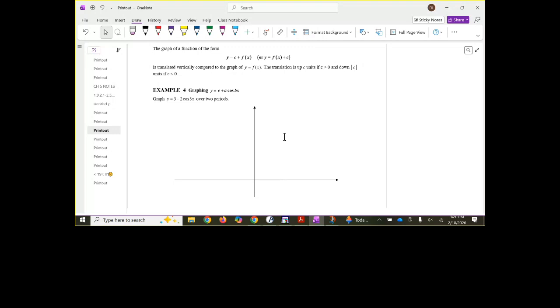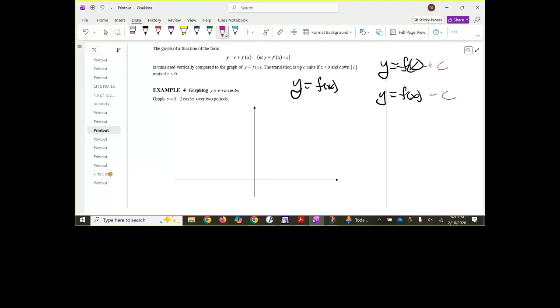Now, y'all, one thing I want you to notice, we're also going to talk about vertical translations, okay? Typically when we have a function, we think of our function like this, y equals f of x. This is something that you guys did last semester in college algebra, but I just want to remind you of a couple of things, okay?